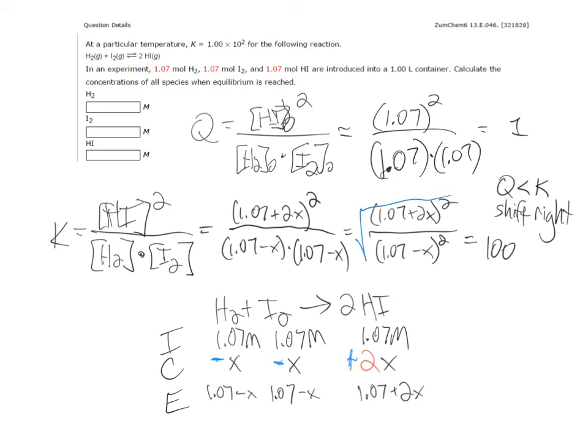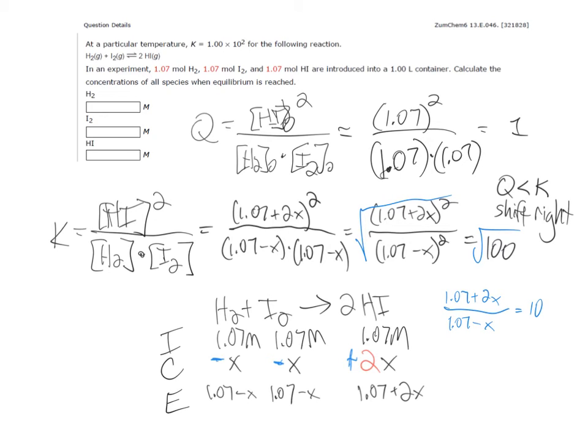If we take the square root of both sides, we'll get, on the top, 1.07 plus 2x, because you get rid of the square. And on the bottom, 1.07 minus x. The square root of 100 is 10. And it's algebra from here on out. You just need to find the value of x.